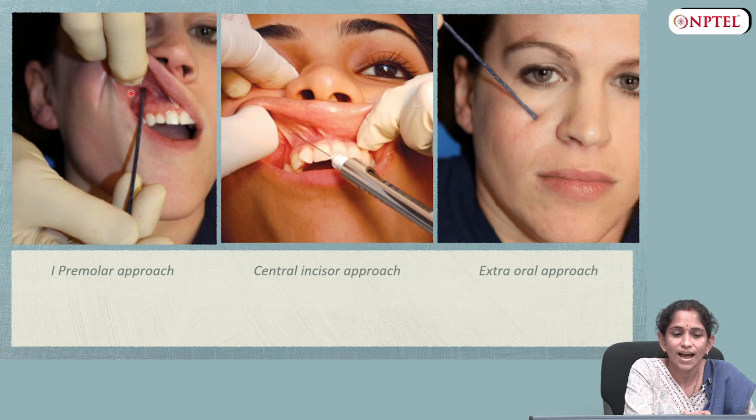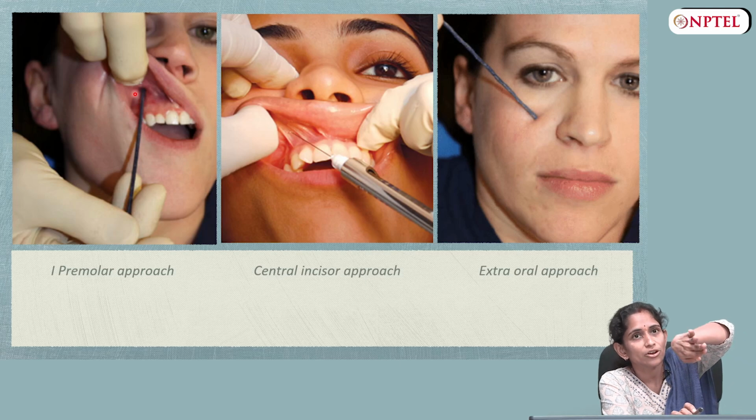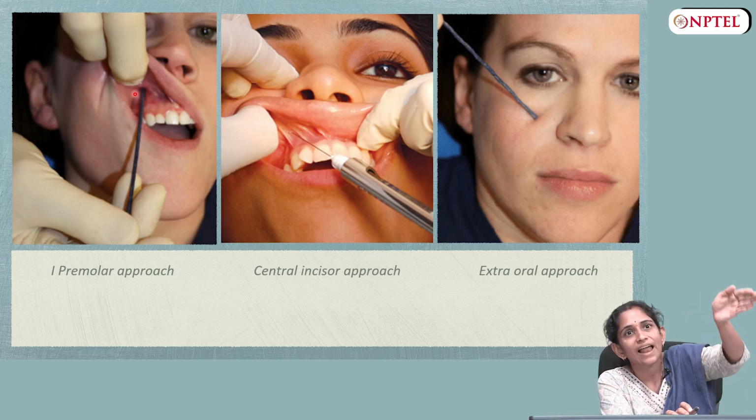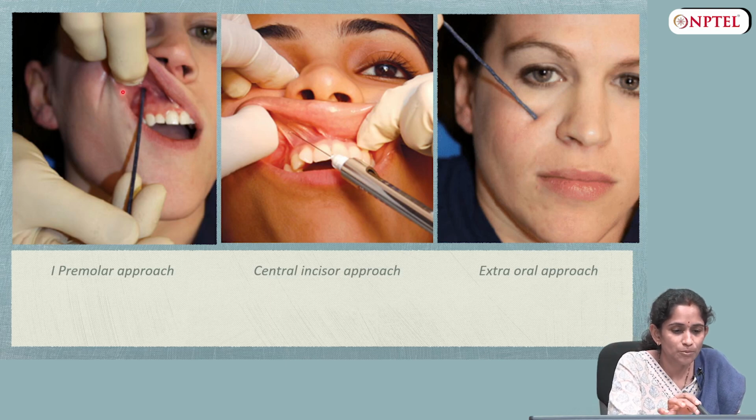So, you palpate the infraorbital notch with your index finger, retract the cheek and take your local anesthetic syringe parallel, and insert it into the height of the mucobuccal fold, that is the point where your cheek mucosa is meeting your alveolar mucosa. This curvature where your cheek mucosa is meeting the alveolar mucosa is called the mucobuccal fold.